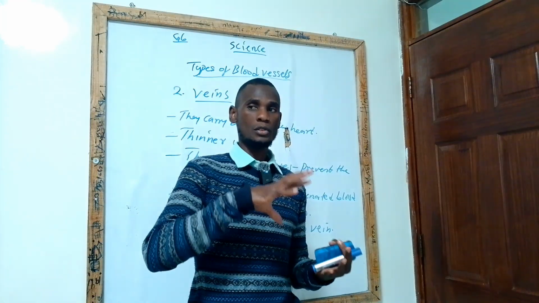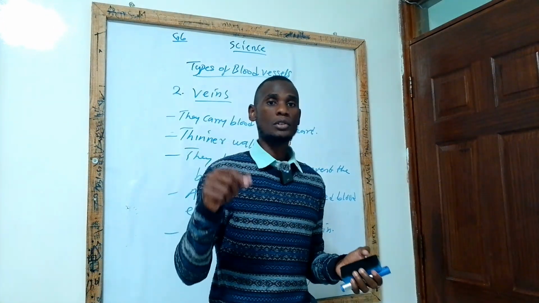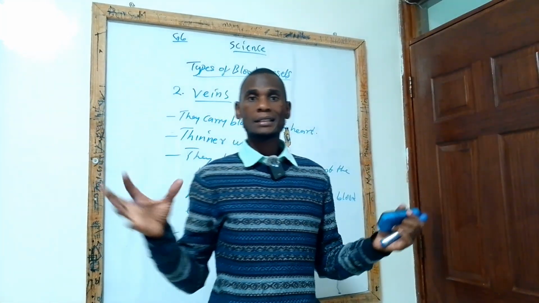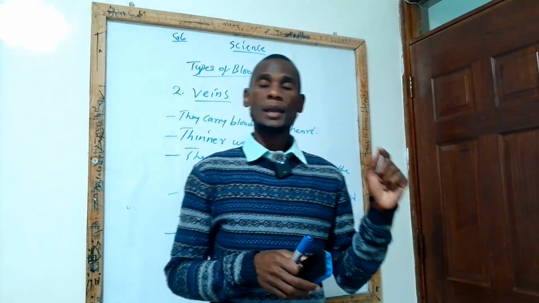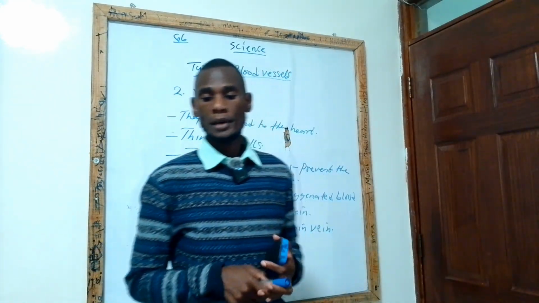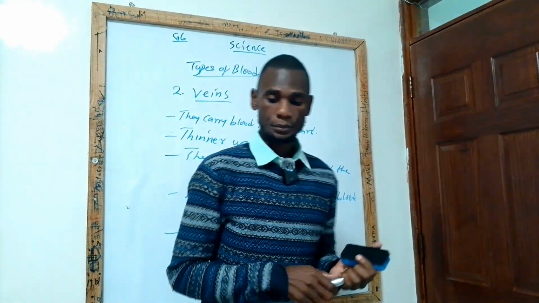So the same volume. That's why this one is also referred to as the main vein, because it also carries the largest amount of blood. So the aorta is the main artery and the vena cava is the main vein.